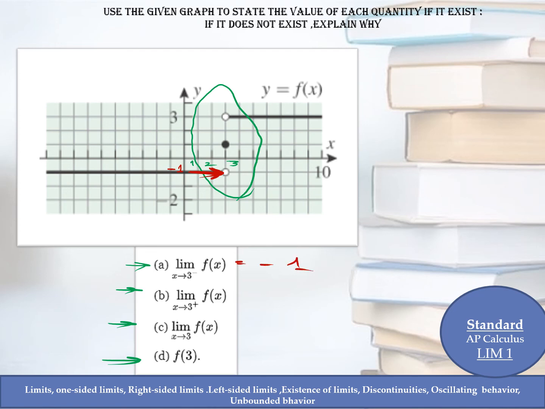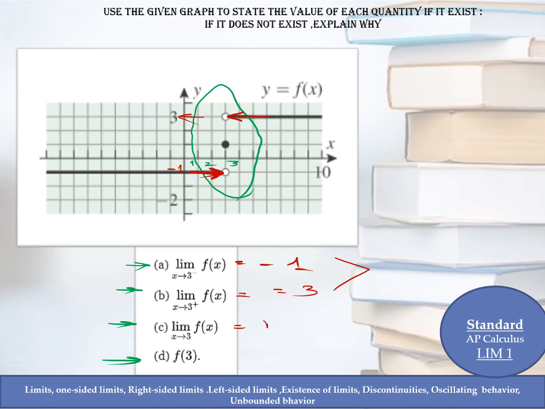Now limit x approaches 3 from the right hand side. Which line is coming towards the 3? This line is coming. So what is this point equal to? The y value is equal to 3. Now, are both the lines coming from the left and the right meeting with each other? No. And you can see from here, one is -1 and one is 3.